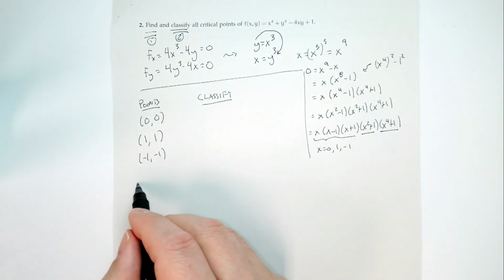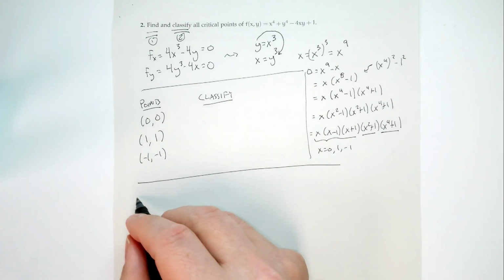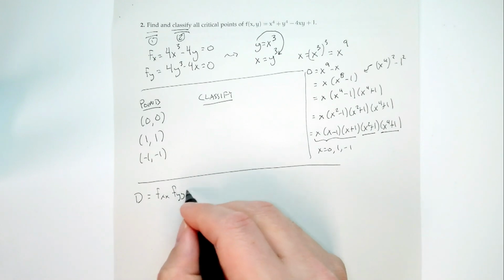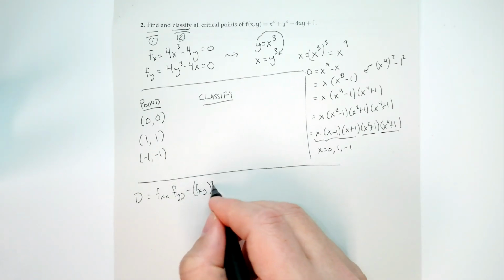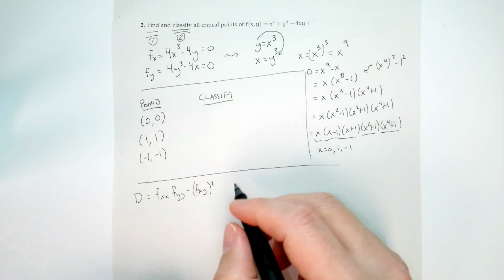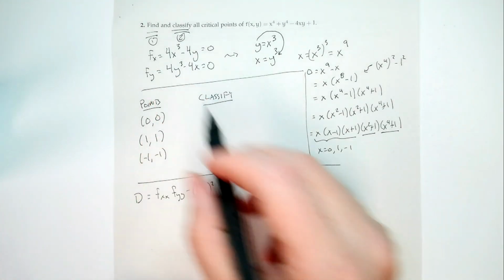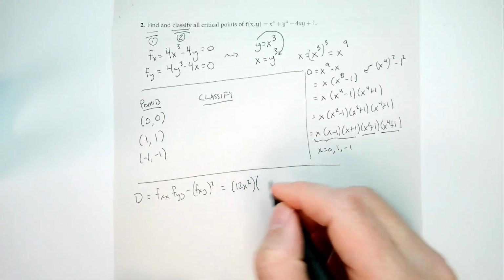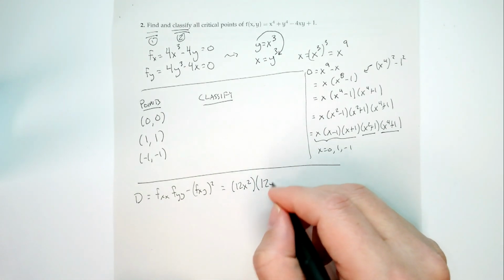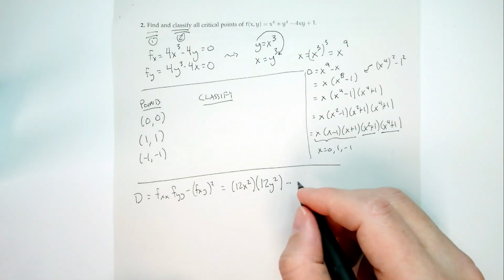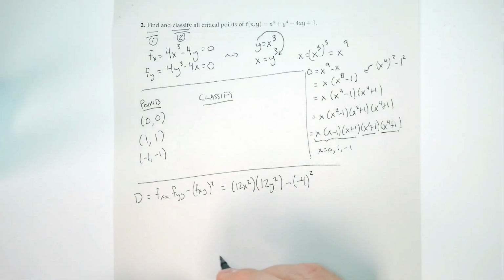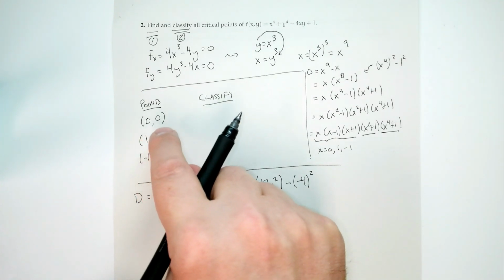Now for that step, what we're going to do is look at this thing we call D. That's f_xx times f_yy minus f_xy squared. So, what is f_xx? Well, that is 12x squared. f_yy, 12y squared. f_xy, negative 4, squared. All right, so let's plug points in. Plug in 0, 0. What do we get?